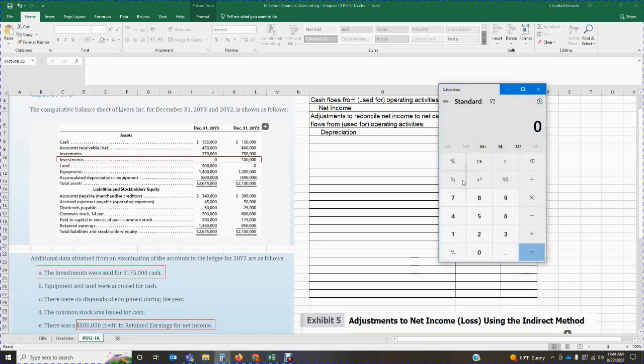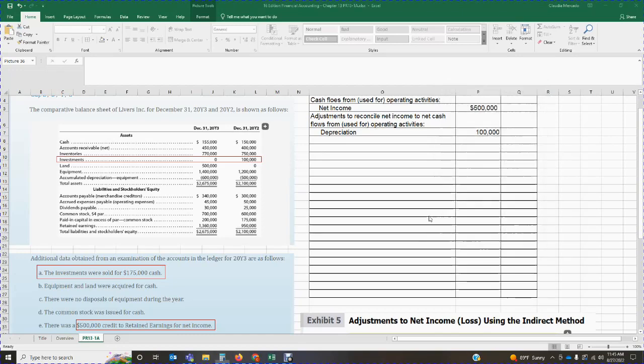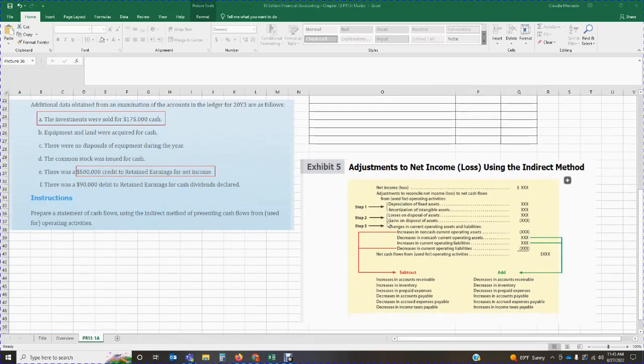How did I get the 75? I sold it for $175,000 in letter A, and I had it in my books for $100,000. So that means that I made a gain on the sale of that investment of $75,000. So if we have a gain on disposal of asset, I need to subtract that gain, only the gain amount.